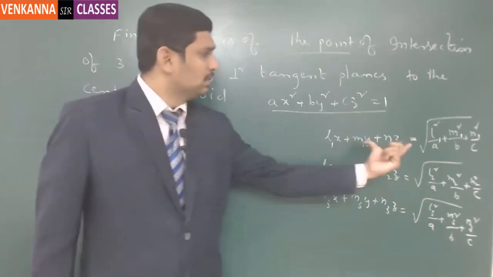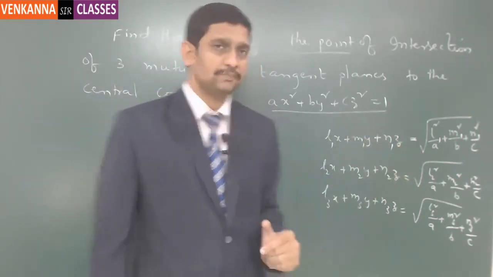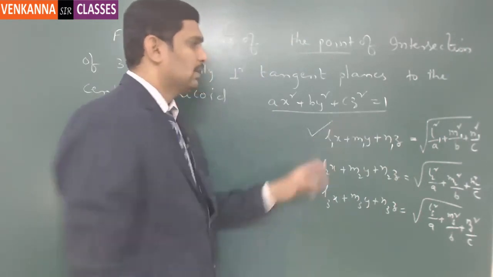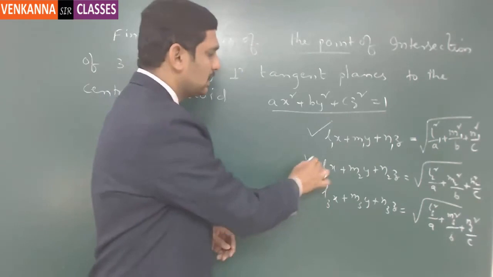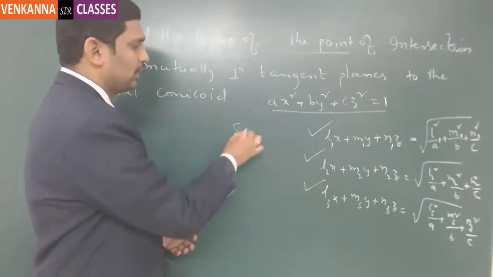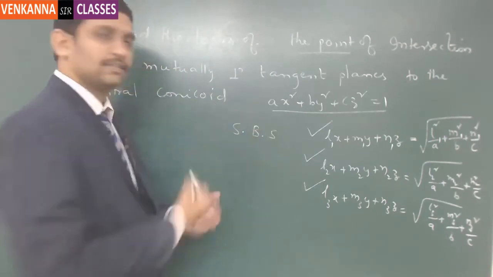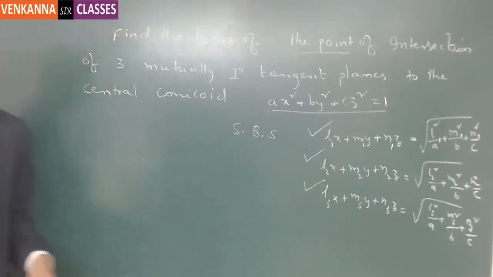So you square both sides for each equation. Let us take squaring on both sides: first equation, second equation, third equation. Now add the three equations.